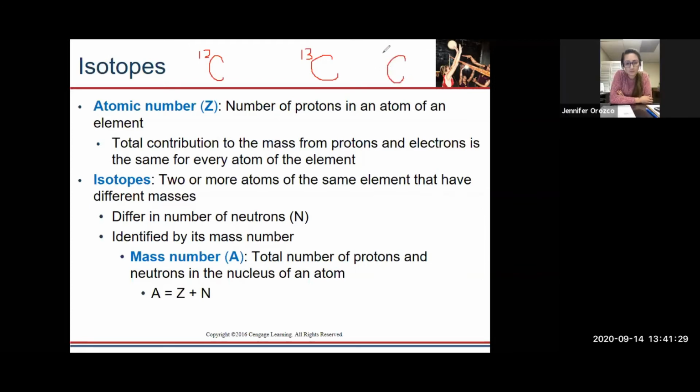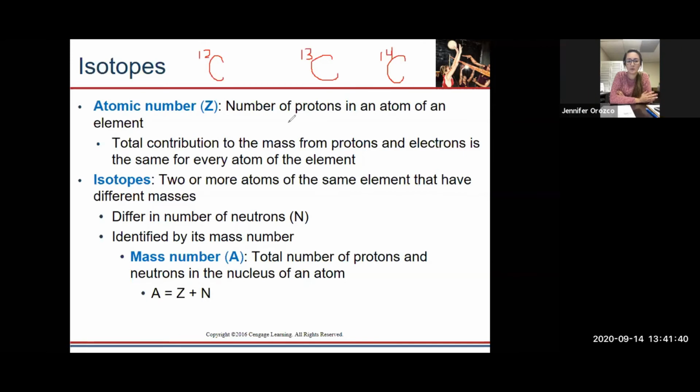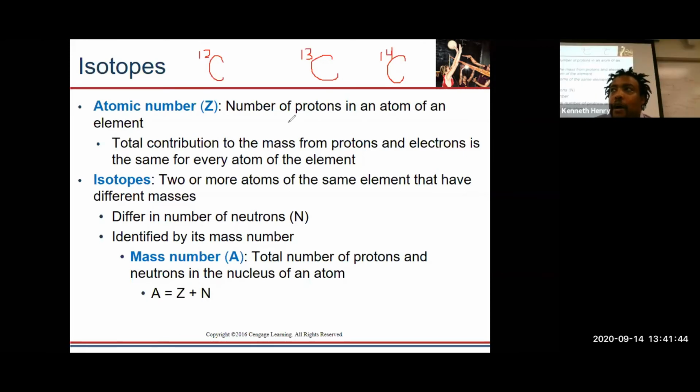I have a question. Would you say that protons and neutrons both weigh kind of the same? Yep, they're roughly the same. That's why mass number is protons plus neutrons. That is correct. They're about 1. Roughly. So a proton weighs, to be almost exact, 0.00087, I believe.